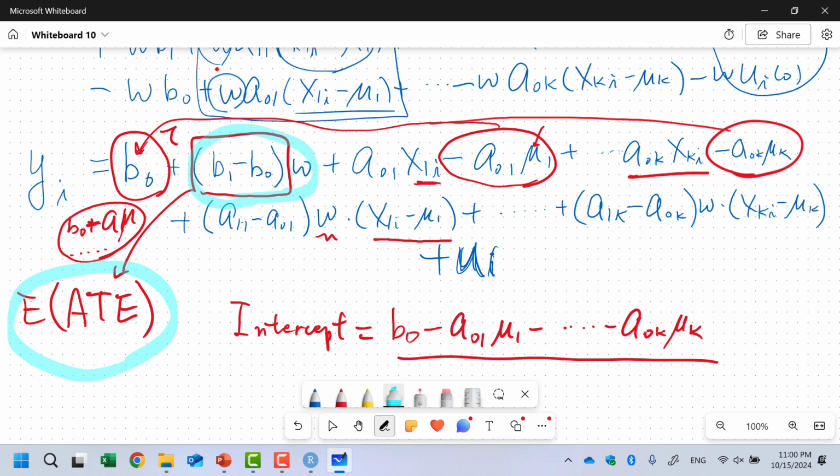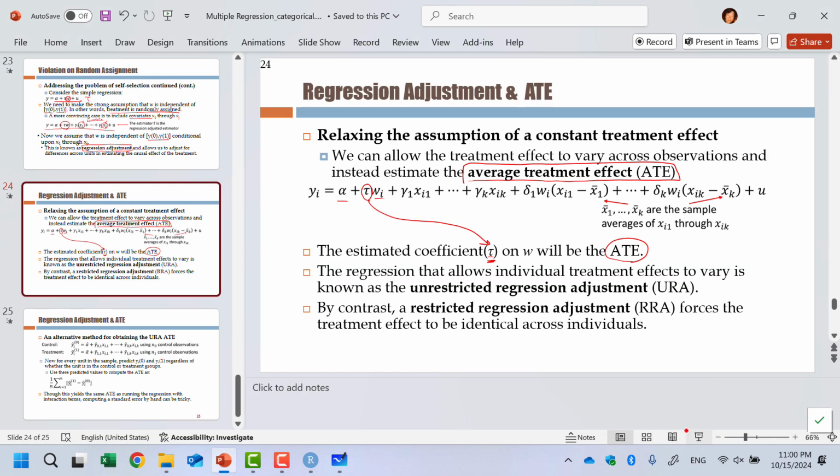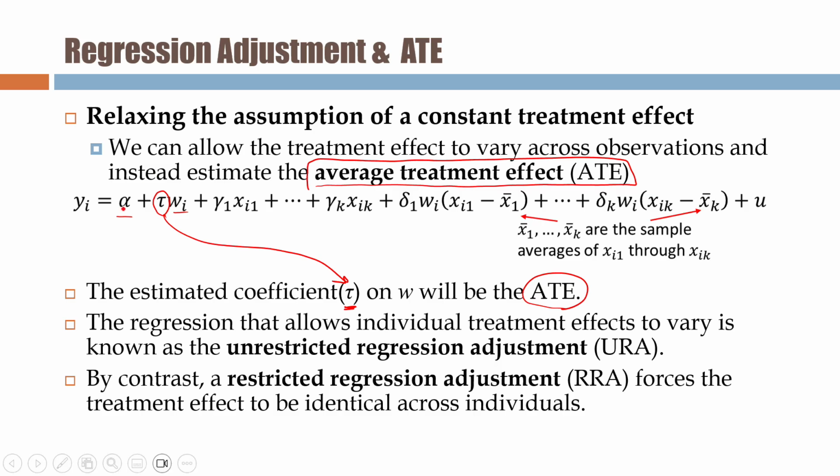However, what I'm interested in is the expected average treatment effect, and what we are looking for is b1 minus b0. That's why we have to run this regression, and then find out tau, and then we can estimate the average treatment effect. Again, this is not b0, this is alpha, a new thing. Now it's w times xi1 minus mu.